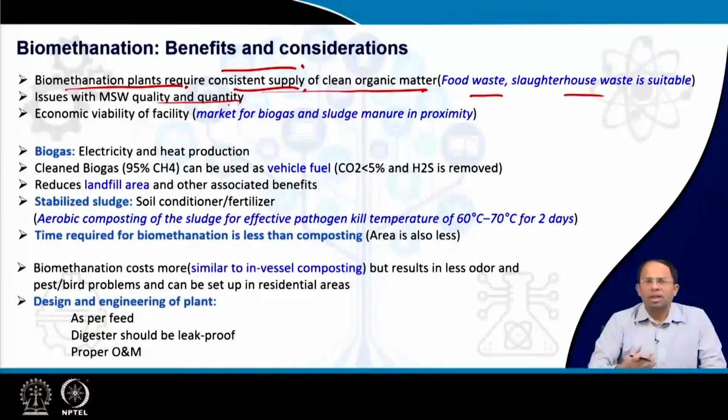Because very small quantities are not feasible, so at least some amount is required to run a particular digester. And also the quality of the waste. If the quality is very poor, then we require pure organic waste. If it contains a lot of other material, then we have to do sorting, which will increase the cost of the process and make the entire process unfeasible. So minor sorting, fine, but very extensive sorting cannot be done here.